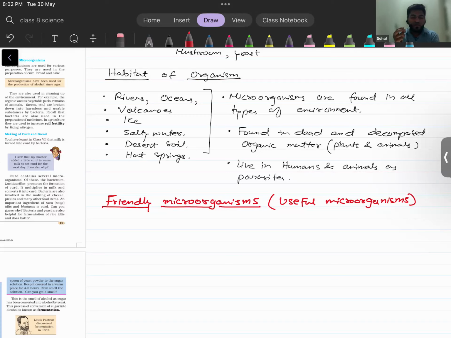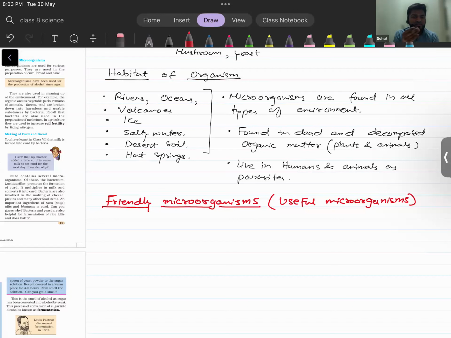So microorganisms are used in the field of agriculture also. And they are helpful for our environment also. How are they helpful for our environment? They help in the decomposition of dead organisms, dead plants, right?